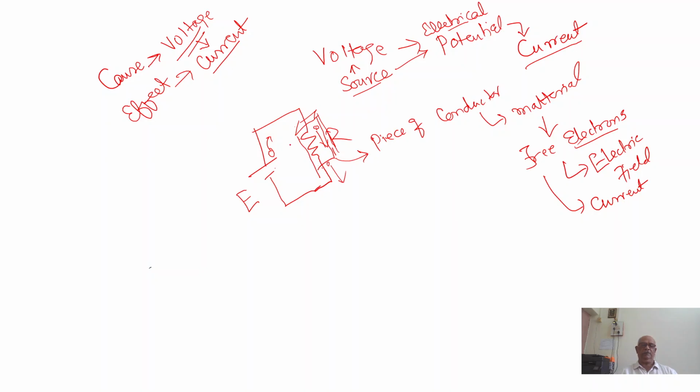If I remove the connection, let's say I open it across here, in that case it has got the capability, but you cannot push the electrons through the conductor, and so they can't come back. So if I have a circuit like this that's open, there won't be any current, although there exists a resistance and there is a voltage.